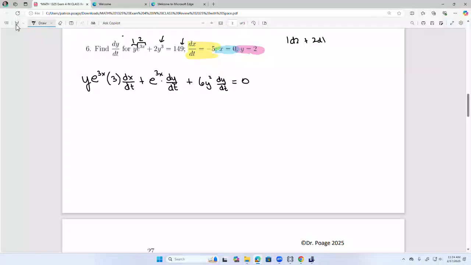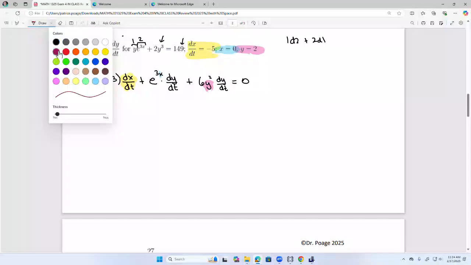So now I'm going to plug in all these things I have. I have a value for y, which will go in right here and right there. And then I have this value for dx/dt, which will go in right here. And then I have a value for x, which I will put right there and right there. All right.